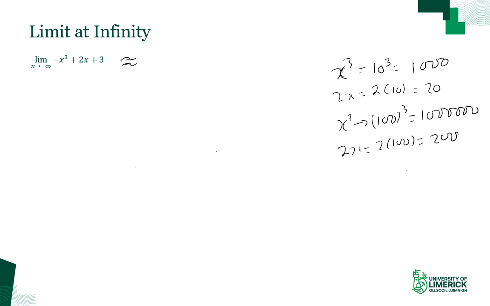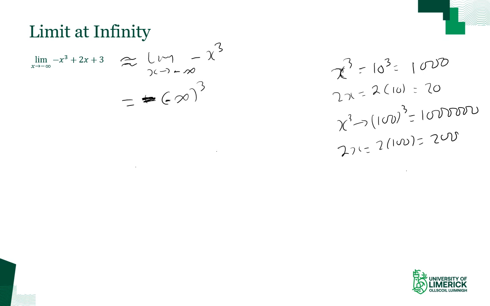So you can just approximate this as the limit as x tends to minus infinity of minus x cube. You just pick the highest power. If you substitute, this will be minus of minus infinity cubed.